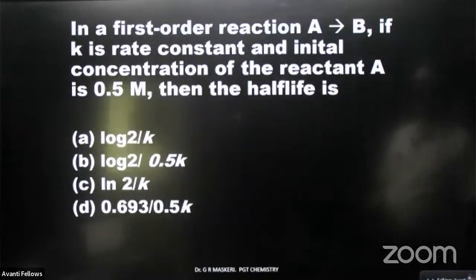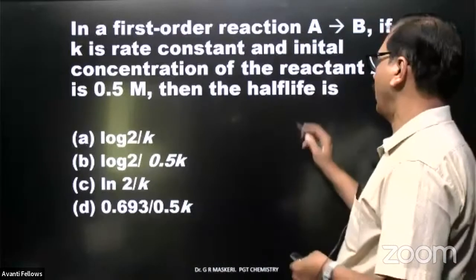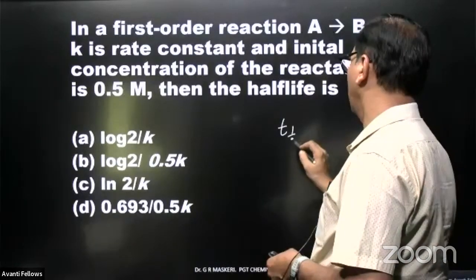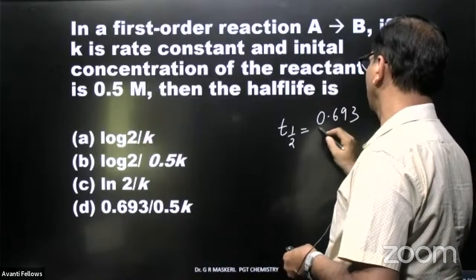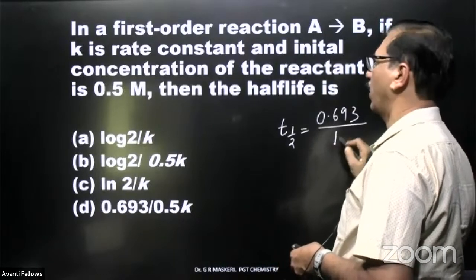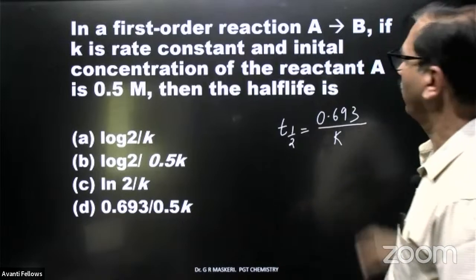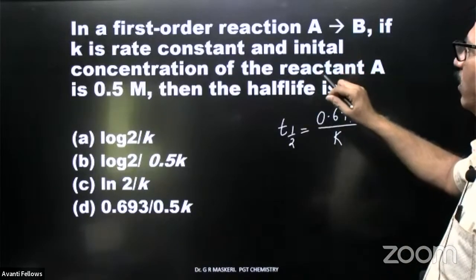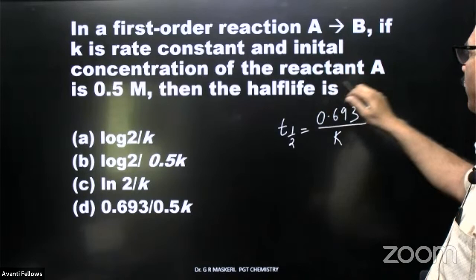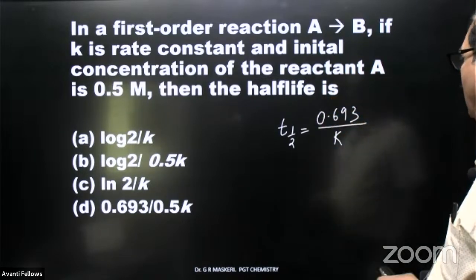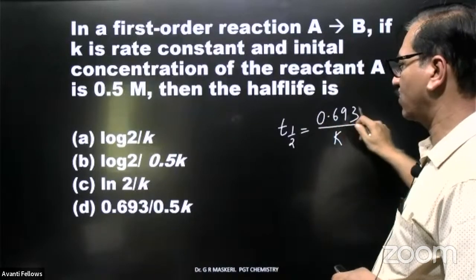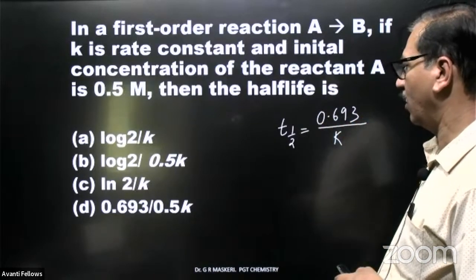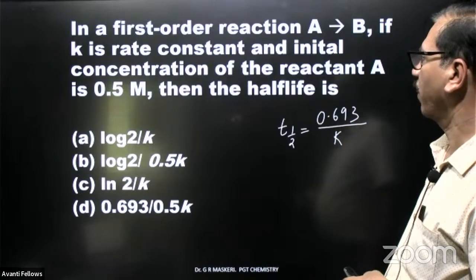Initial concentration of the reactant A is 0.5. Then half-life, for a first order reaction, half-life is 0.693 divided by K. Right?